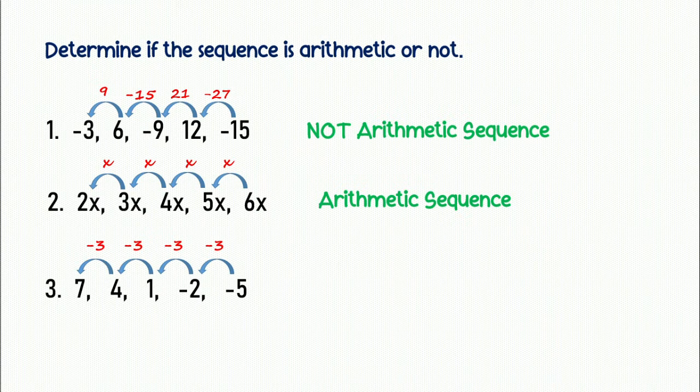And -5 minus -2 is -3. Ibig sabihin, same yung kanilang common difference. This is an arithmetic sequence. So in this example, we determine the sequence if it is arithmetic or not by simply solving their common difference.